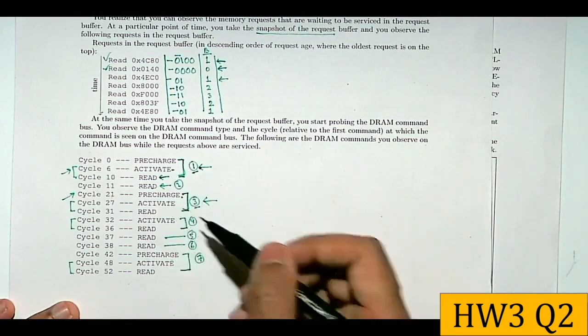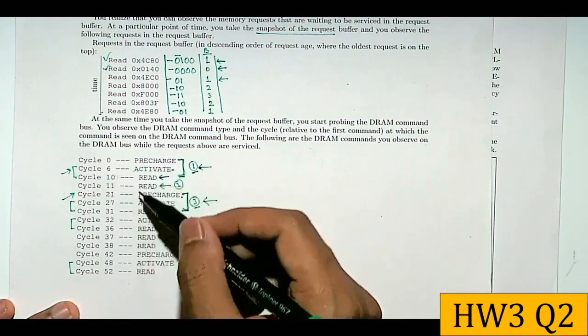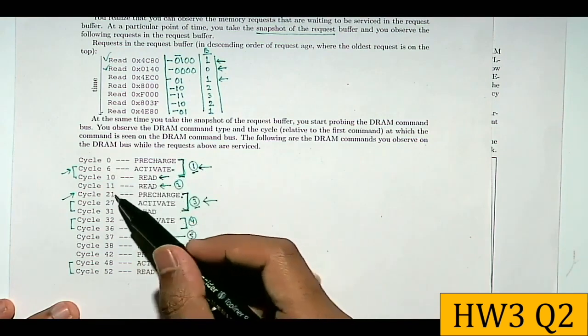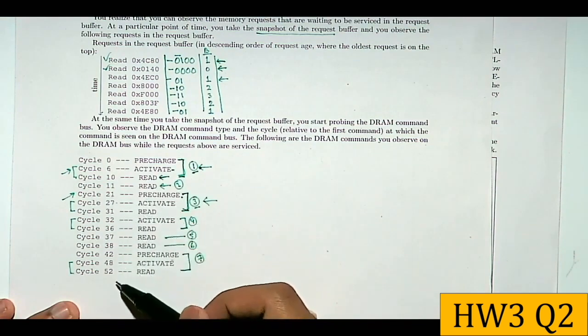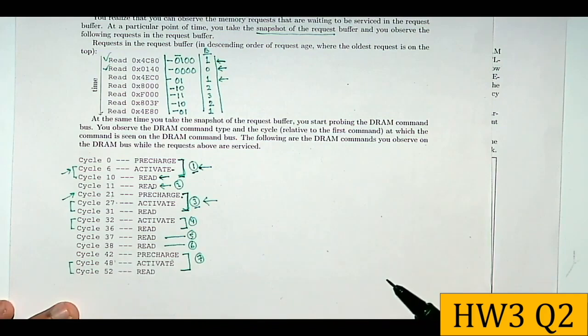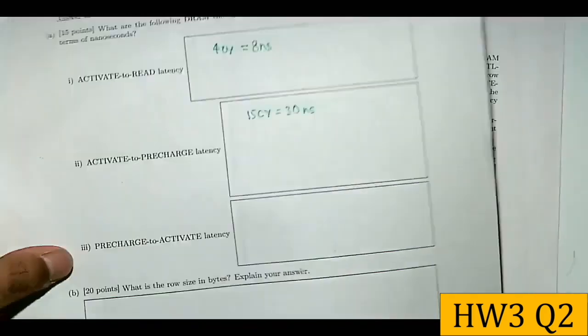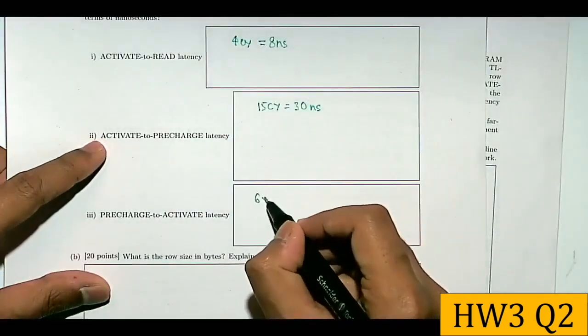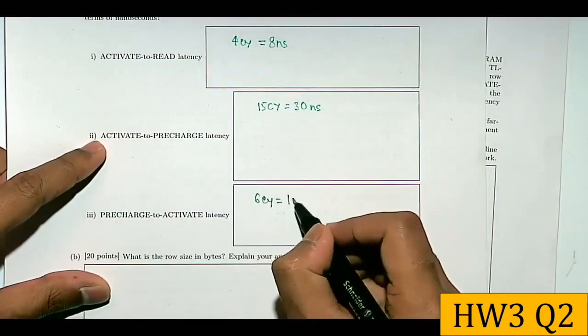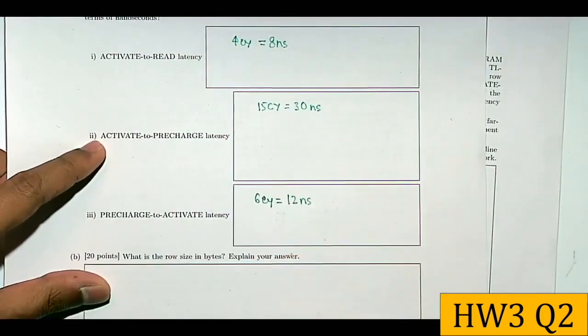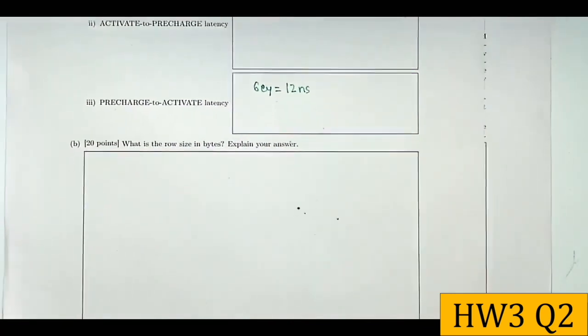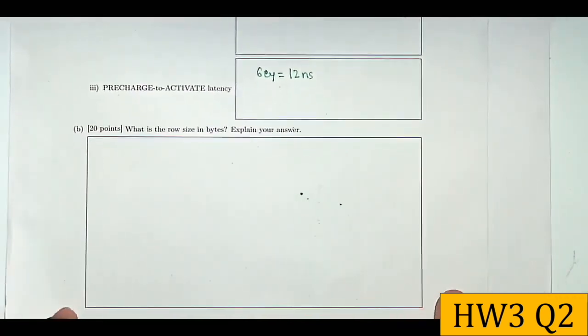In all three cases, these three pairs are followed by 6 cycles, right? So that means it has to be 6 cycles, which is equivalent to 12 nanoseconds. Make sense?